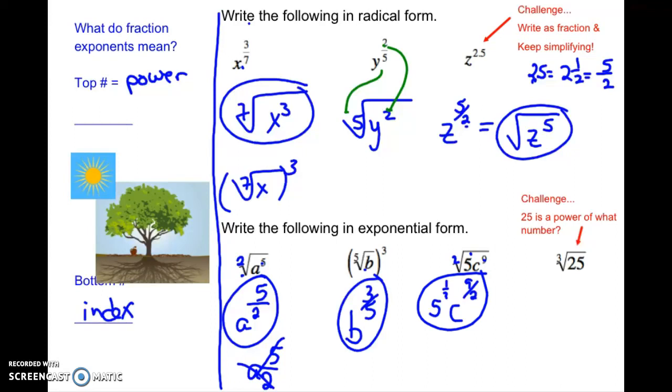In the challenge problem for this, they ask us 25 is a power of what number? Well, 25 we know is 5 squared. So we'd say that's the cube root of 5 squared, which means we have 5, power is 2, index is 3. And that's how we work through those.